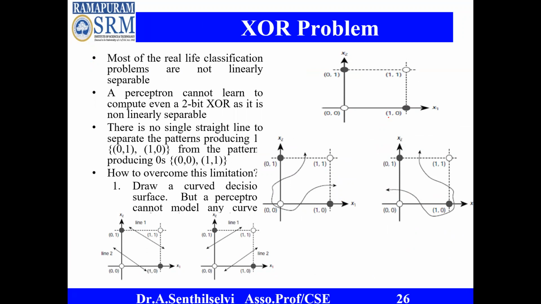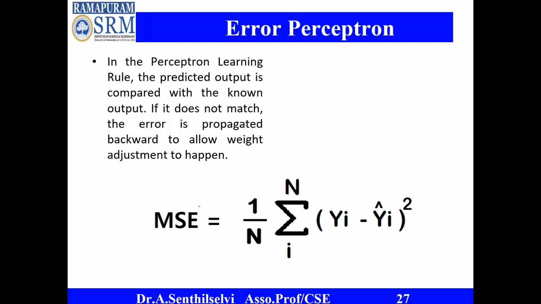The perceptron is only suitable for linearly separable data. So XOR is non-linearly separable data. That's why we do not use the perceptron model to design an XOR gate. To rectify that problem, we move to a multi-layer perceptron.